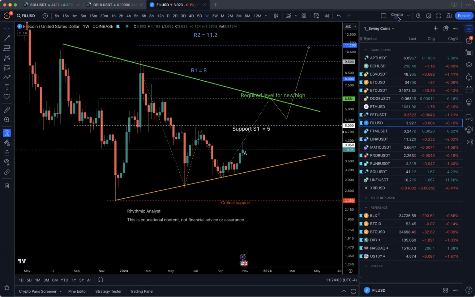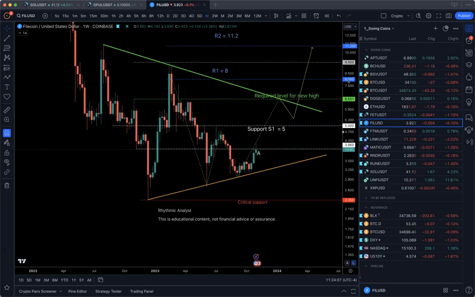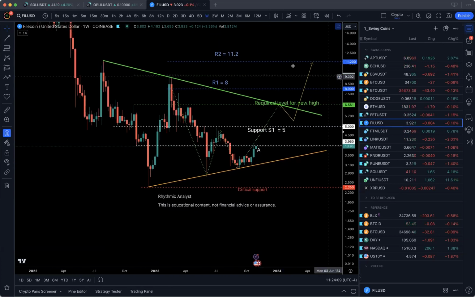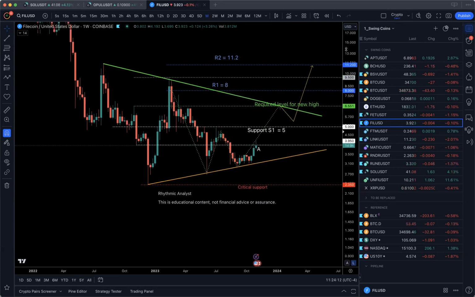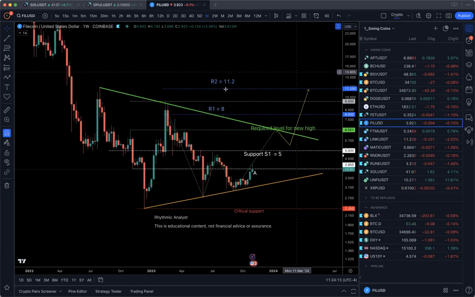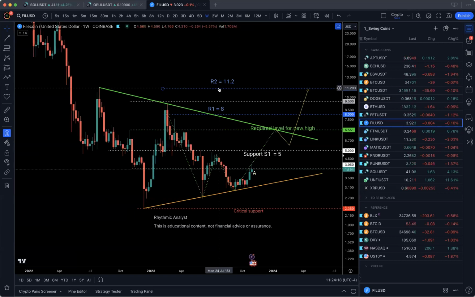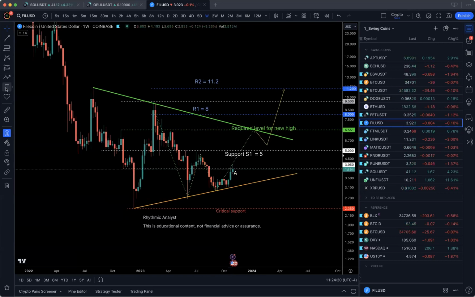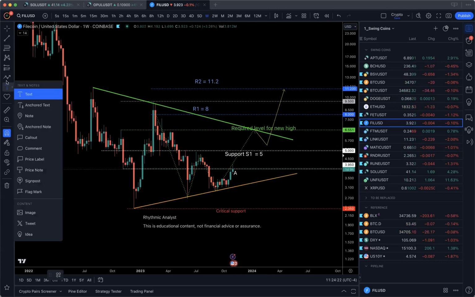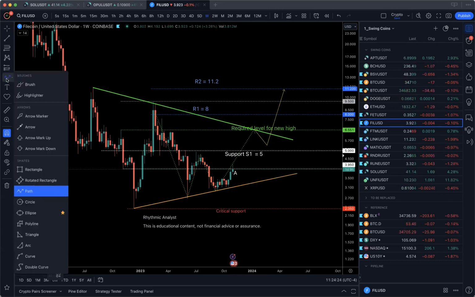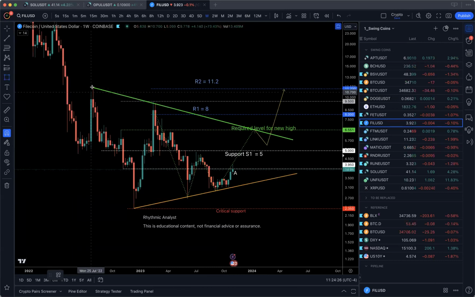Yeah, that's it. It's not out of the resistance or out of the consolidation. Remember, ultimately it will be out of resistance only when it breaks above R2. So you can visualize that whole entire thing in this range.